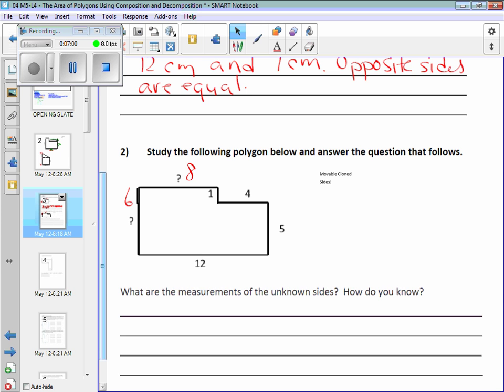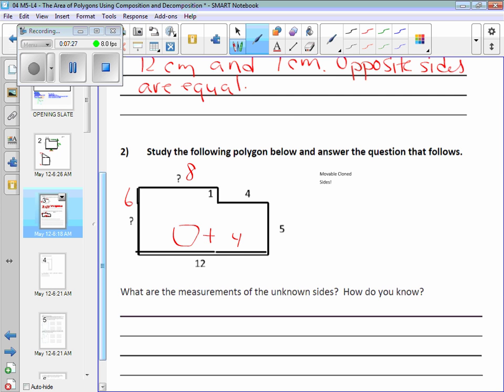Essentially, you do the same thing with your horizontal pieces, but you kind of have to work in reverse. This is my 12, which is a combination of the 4 we know and the piece we don't know that has to add up to 12. So now I know this is 4 plus what makes 12. That's why that's 8. Okay?